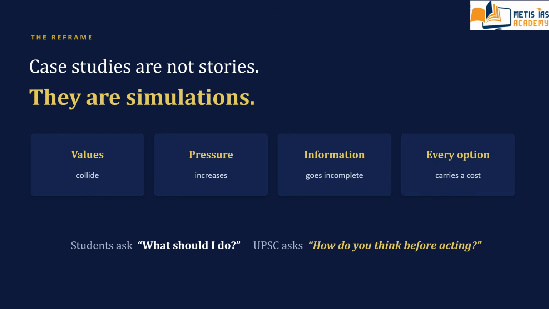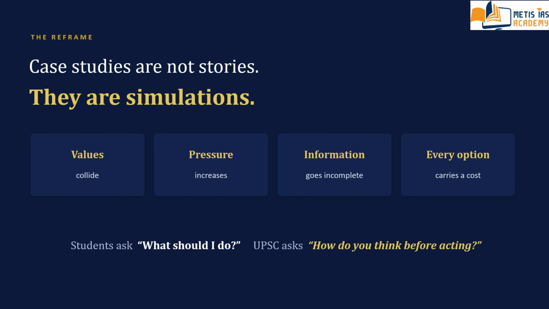They introduce pressure, incomplete information, competing duties. Then what should be the decision, the pragmatic approach, we are going to discuss. So let us begin: GS4 case study, structural autopsy from 2013 to 2025.